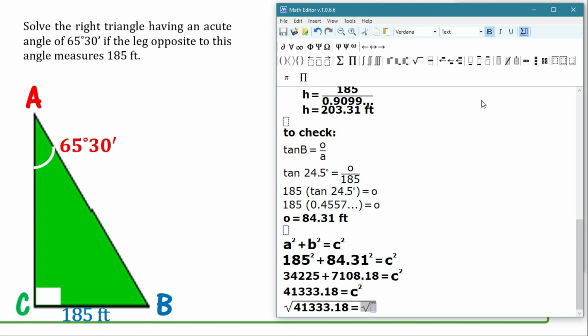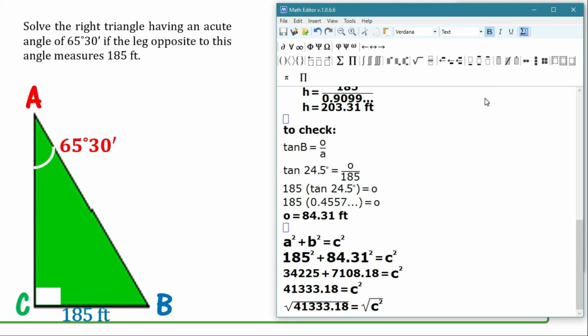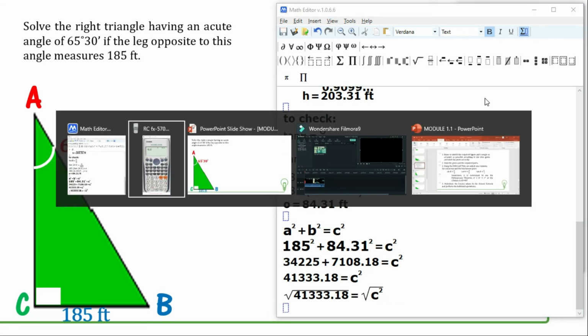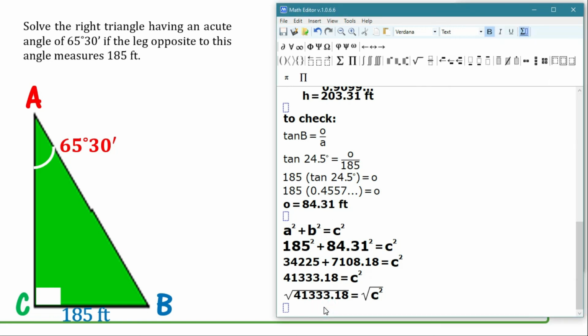Alright, so we'll be having 203.31 feet as our value of C, which is our hypotenuse.